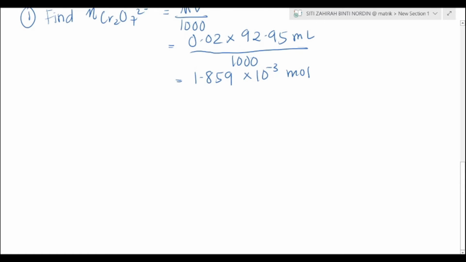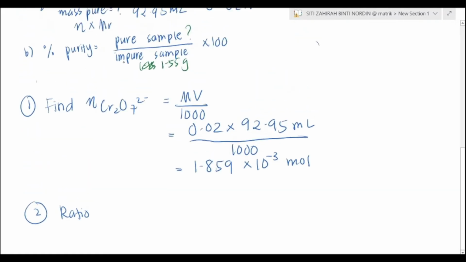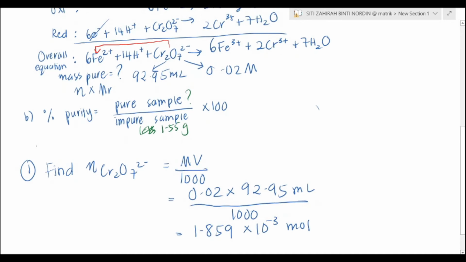Alright, so next, do a ratio. From your overall equation, you find out that 1 mole of Cr2O7 2 minus is equivalent to 6 mole Fe2 plus.